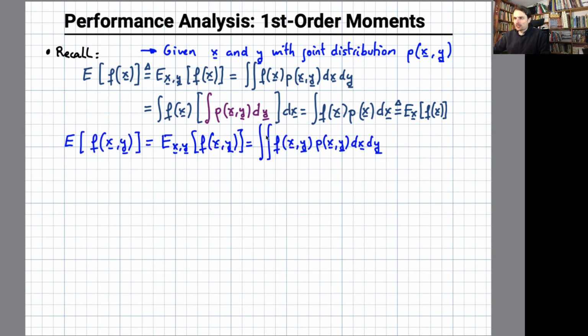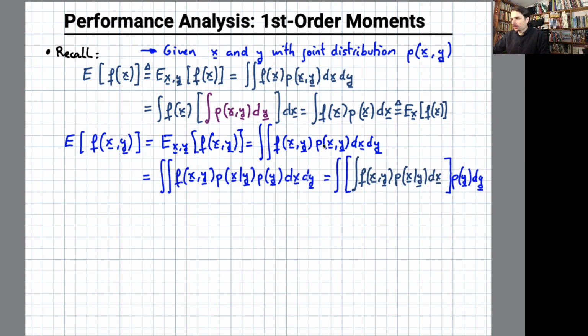And what happens if the function does depend on both variables? Well, in that case, the expectation can be written again as this double integral, but we can no longer do the same trick as here, right? Because f of x, y depends on y, and therefore it cannot come out of this inner integral.